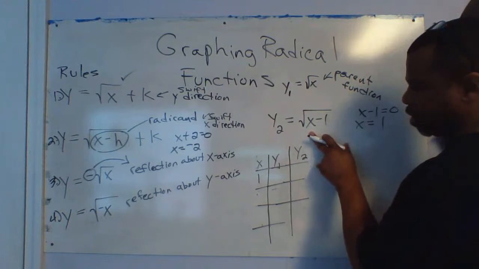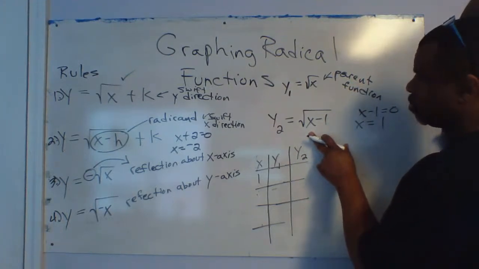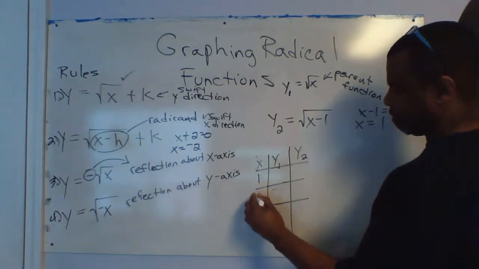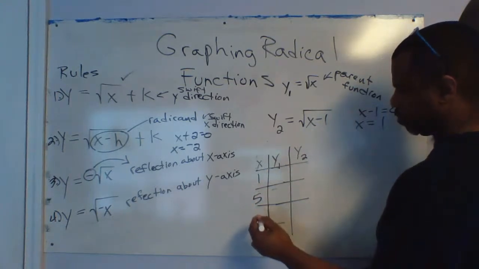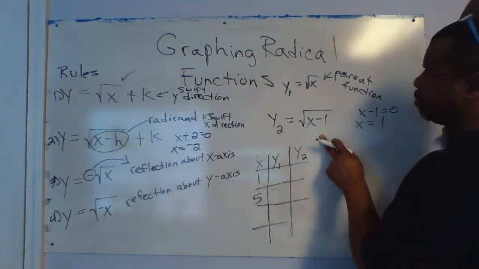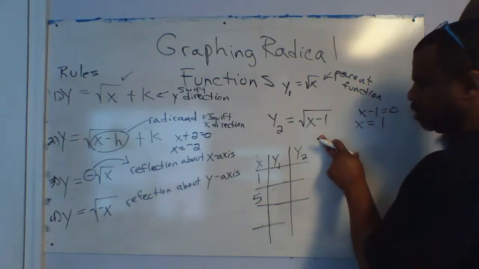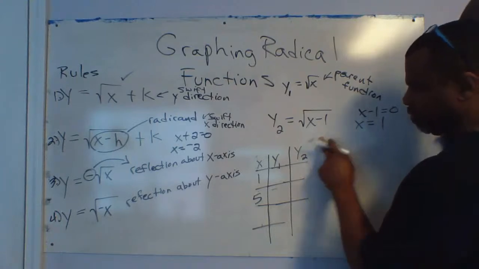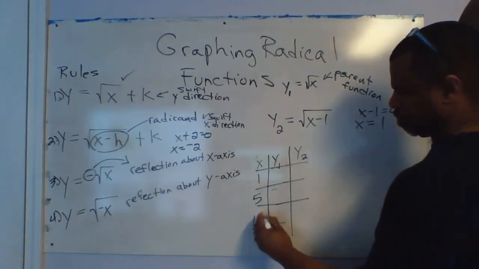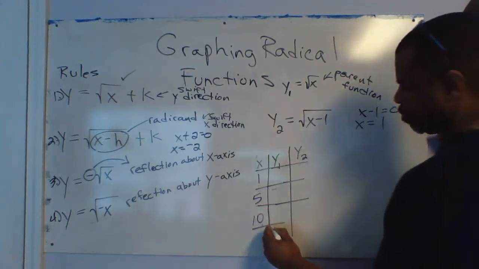So that's going to be 1, and that's 0, and then we want to do 5. And we're going to do, what's another? So perfect square is 4. So we have 1, 4, we have 9, right? Okay, so for this one, we have to do 10. All right, so those are our points.